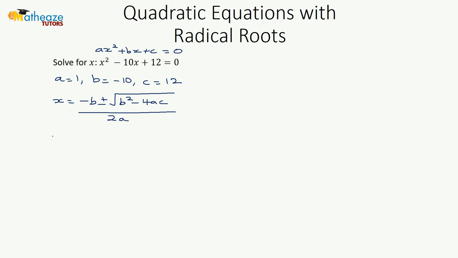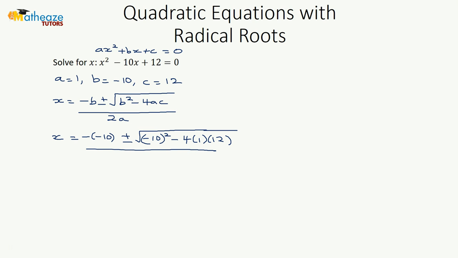Now it's time to substitute. So x is equal to negative of negative 10, plus or minus the square root of negative 10 squared minus 4 times 1 times 12, divided by 2 times 1.